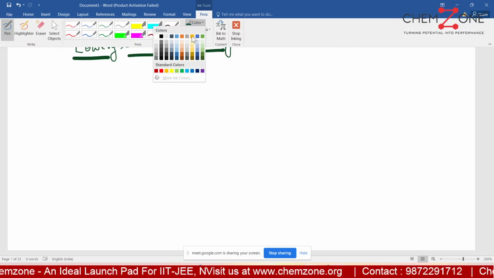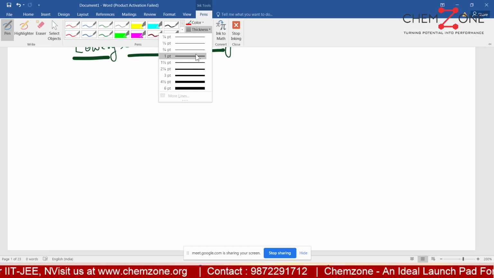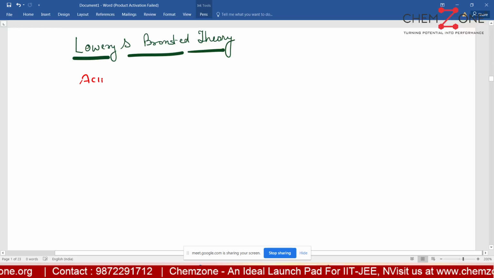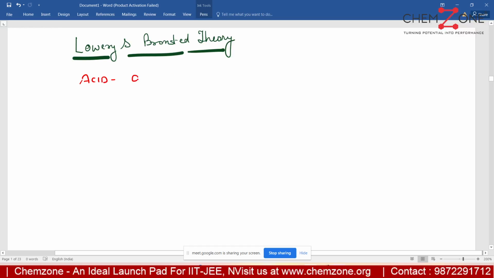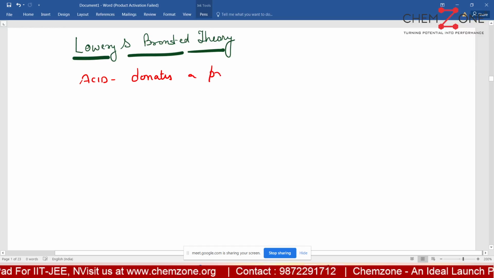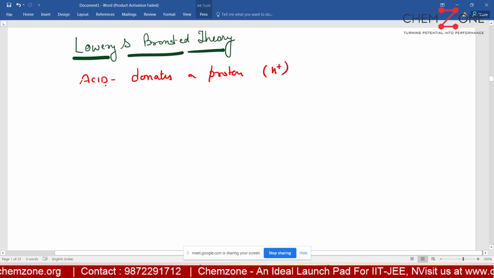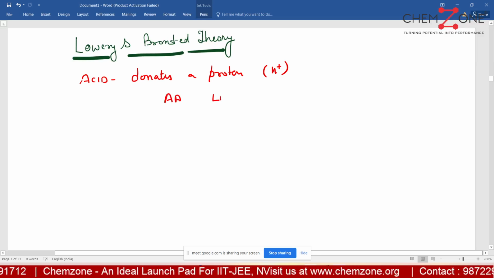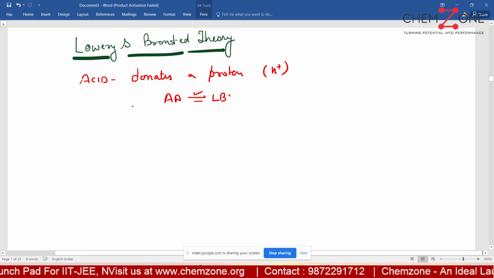According to Lowry and Bronsted, an acid is a substance which donates a proton. Proton means H positive ion. It means I can say the Arrhenius acid and the Lowry Bronsted acid are the same. Yes or no? Yes, sir.